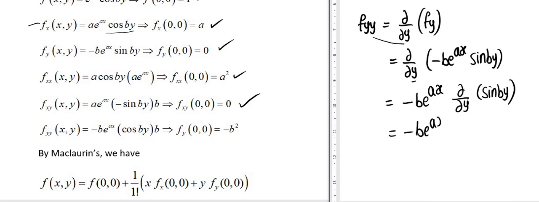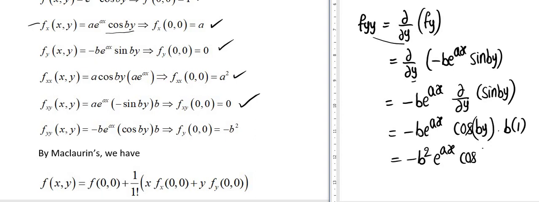We know the differentiation of sin, that is cos by. By differentiation is b into 1. Finally, minus b square e power ax into cos by is the value of f_yy.